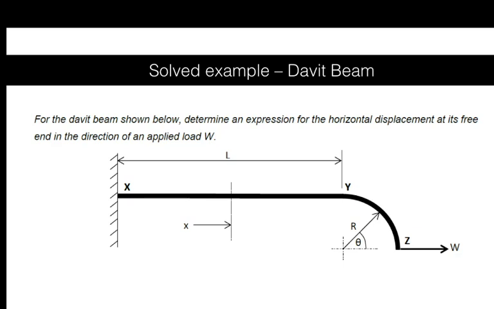So we will consider this solved example of a David beam. For the David beam shown below, determine an expression for the horizontal displacement at its free end in the direction of applied load W. You can see this is a fairly long David beam which has a length L, and at the end it has a radius of R, which has a quadrant.